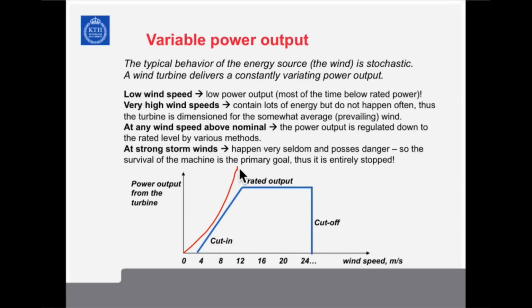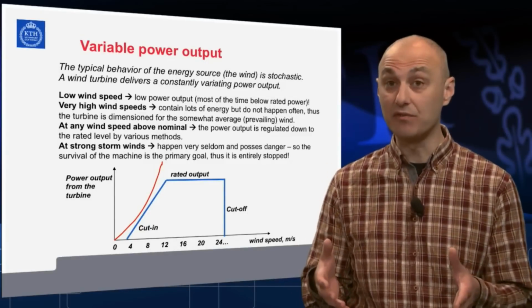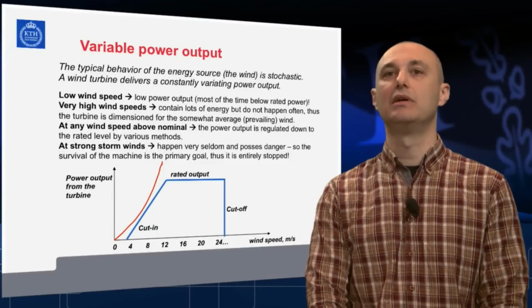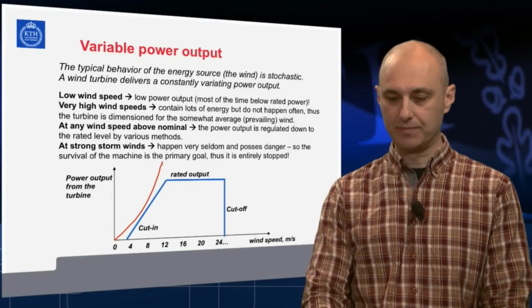When the energy available in the wind goes through the roof, we need to dump lots of power so that our machine produces the maximum that it's dimensioned for, but it is absolutely not possible to approach the really available power in the wind.